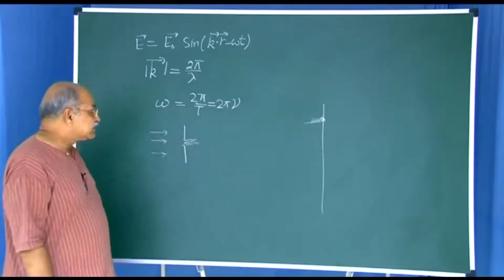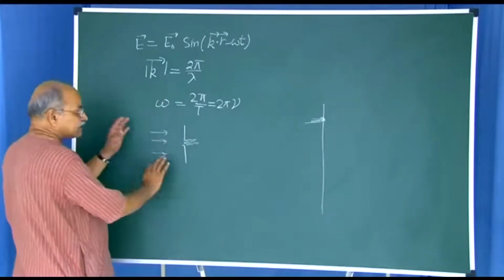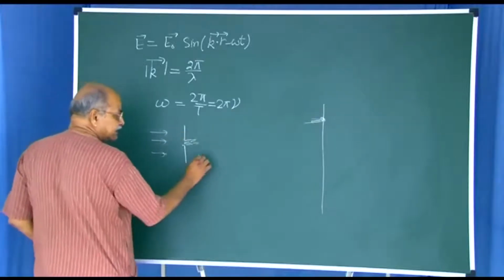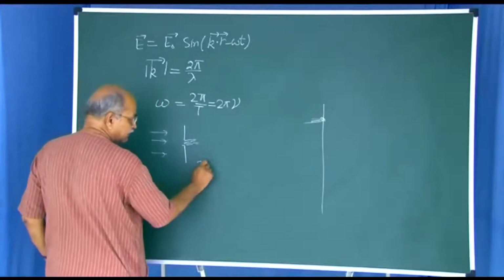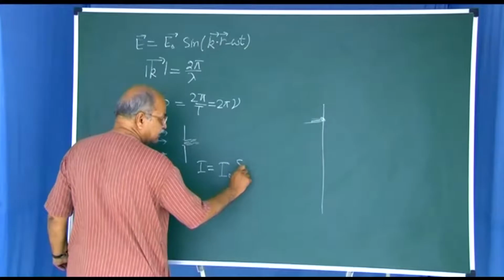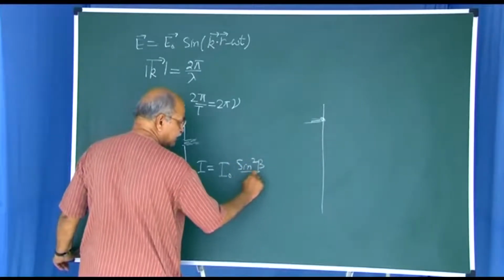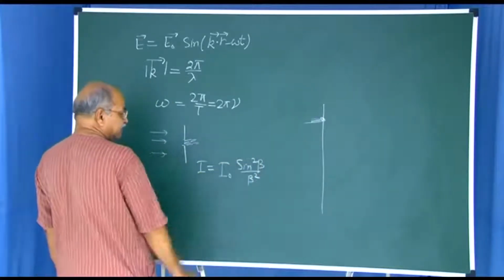And it so happens that if your screen is far away, if the incident light is parallel and all those things, the intensity which you receive here can be written as I equal to I naught sine square beta over beta square. Now, what are this I naught and beta?